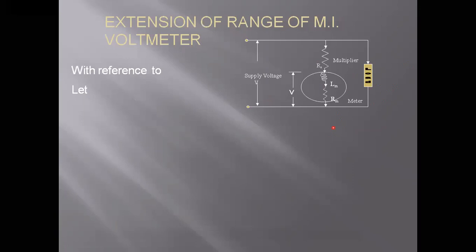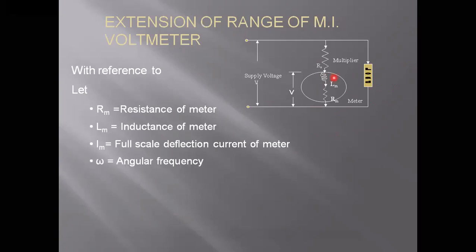So with reference to the figure: Rm, resistance of the meter; Lm, inductance of the meter; Im, current through the meter; omega, angular frequency; small v, voltage drop across the meter. Then the voltage across the meter is the voltage across inductance and across resistance.